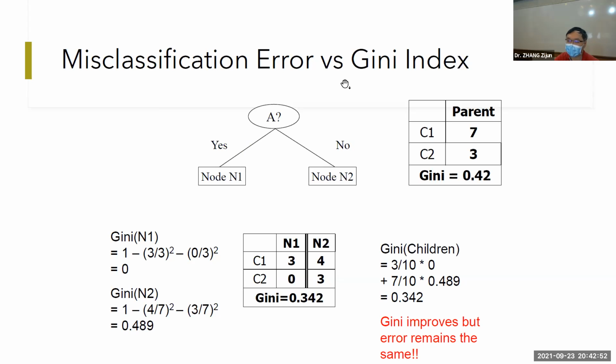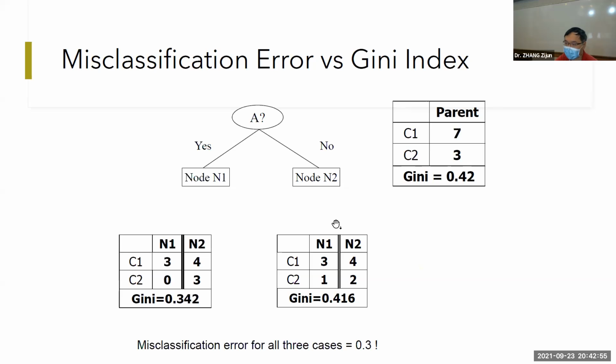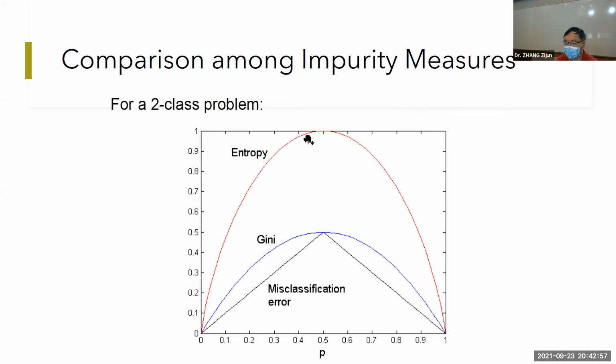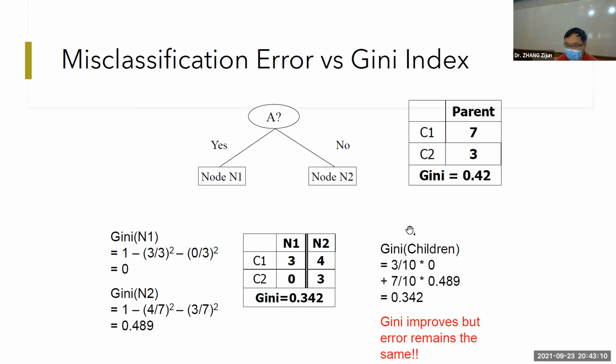So, misclassification error versus Gini index versus entropy: we say that entropy is the most sensitive. Gini and misclassification have the same worst value and best case, 0 to 0.5. Then if we consider this example, the parent has 2 classes, C1 and C2, and its distribution is 7 versus 3.